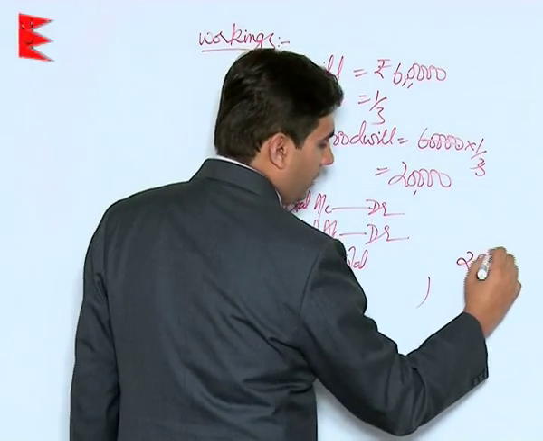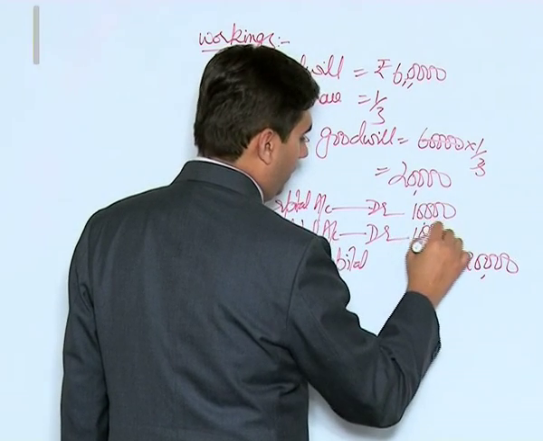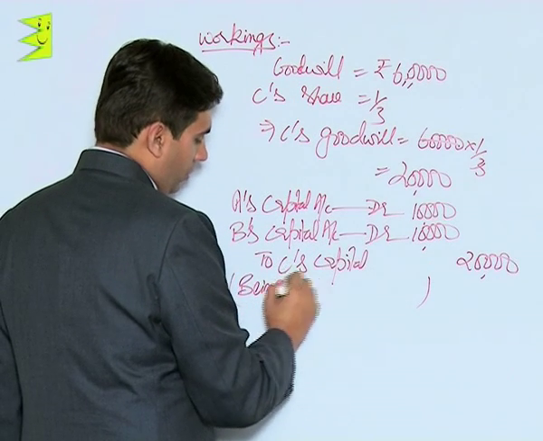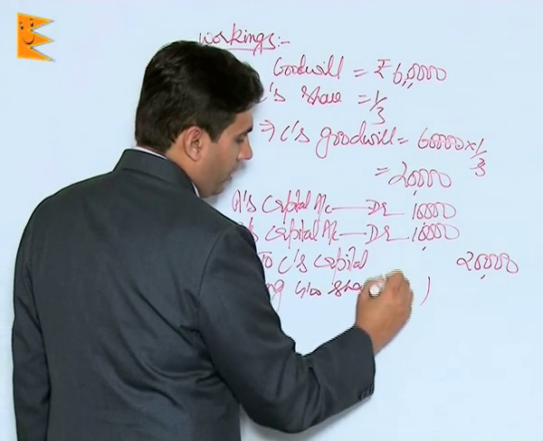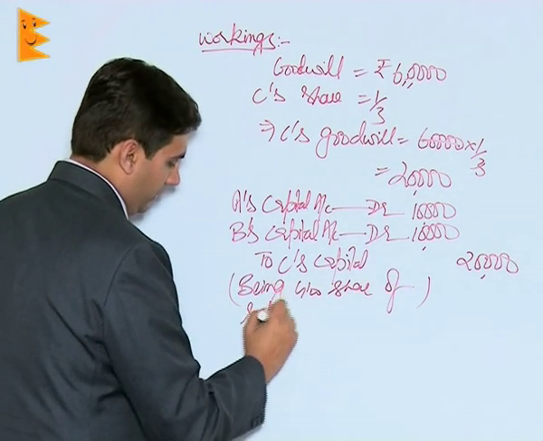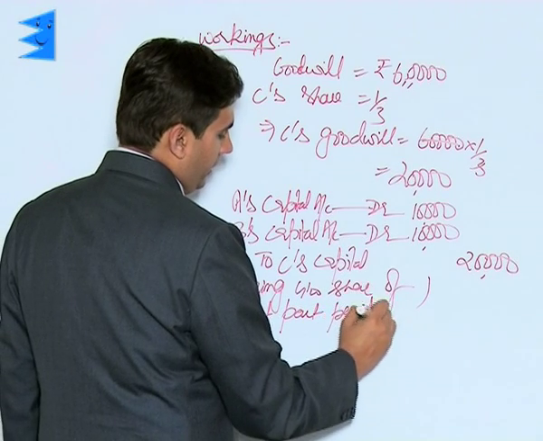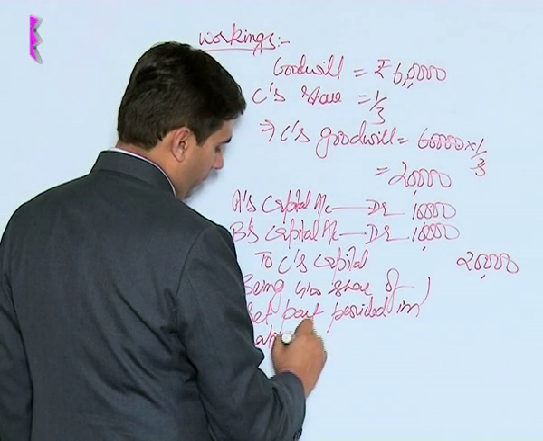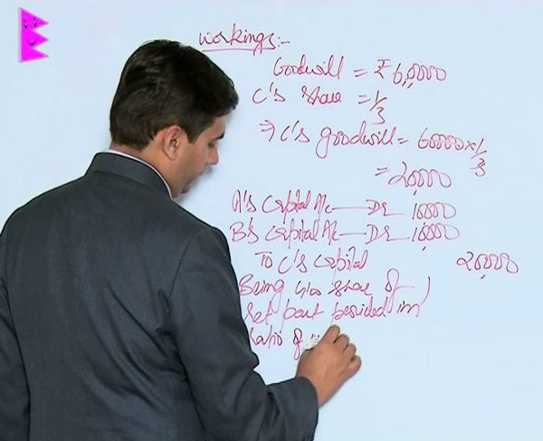C's share is 20,000 and that would be 10,000 and 10,000. Narration being goodwill or share of retiring partner provided in the ratio of 1:1, that is the gaining ratio.